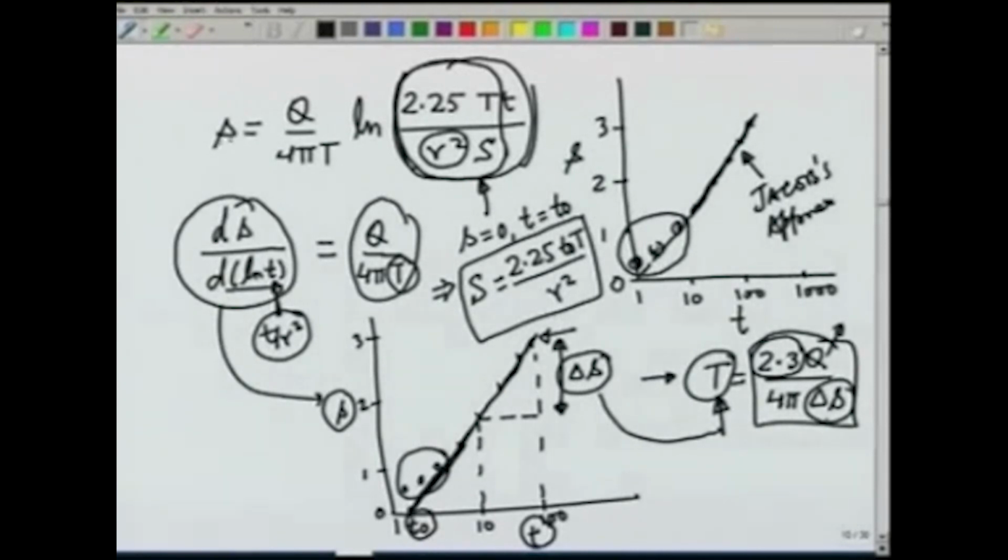For s to be 0, the argument of the natural log should be equal to 1, and therefore, S will be obtained as 2.25 T t naught over r square, where T we have already obtained from here. So, in this way both T and S can be estimated from the drawdown data from an observation well.